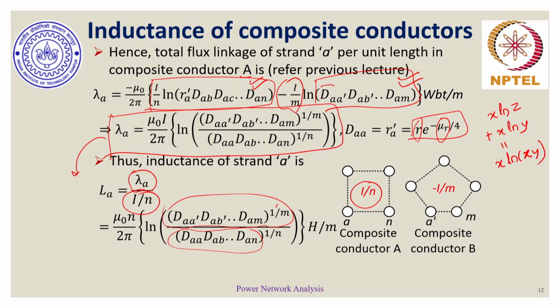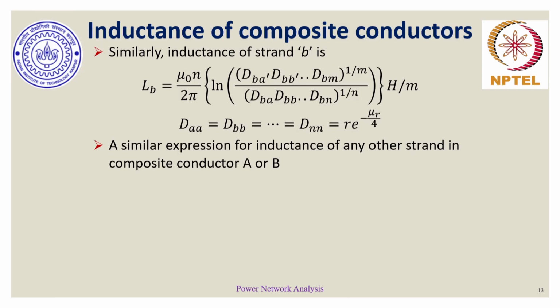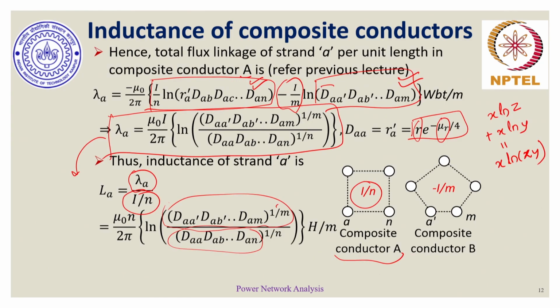Similar inductance expression we can also find for strand B in composite conductor A. We can also find a similar inductance expression for any other strand in this entire composite conductor A or B. If we start doing that, we can find the inductance of any other strand in the composite conductors A or B. The individual distances are going to be different, because that depends on the spacing between the strands, how an ACSR conductor is arranged, and how these two ACSR conductors, one return, one live, are also arranged.